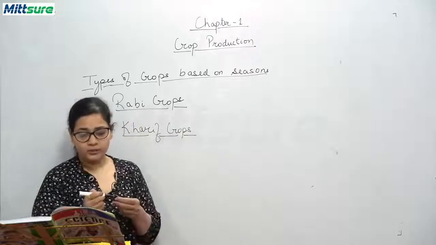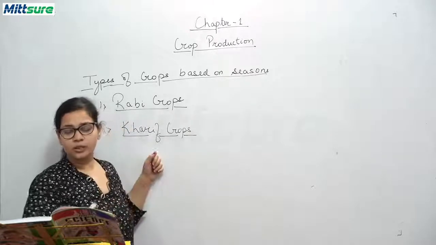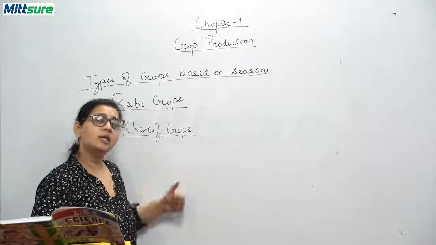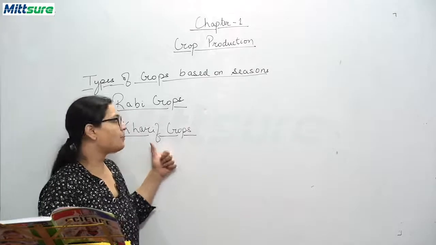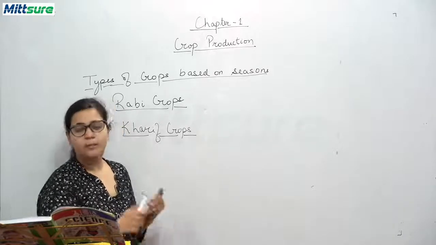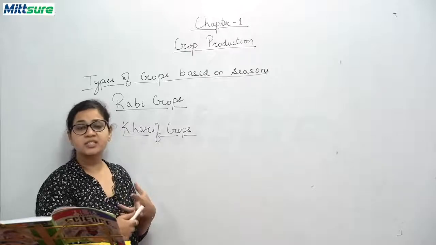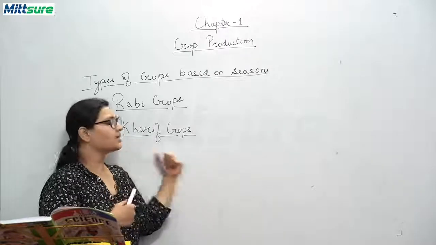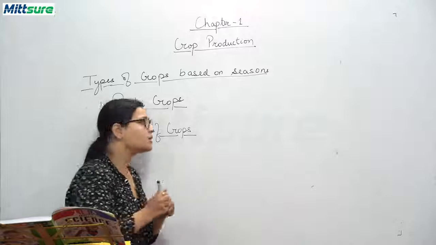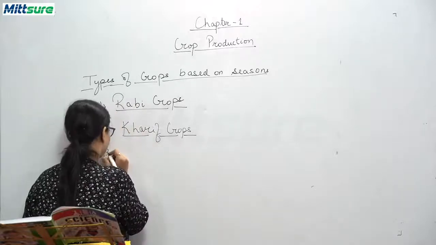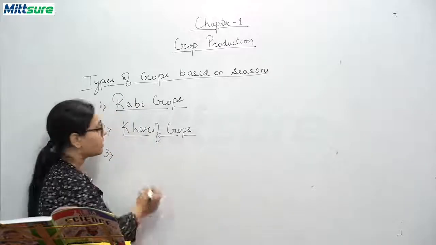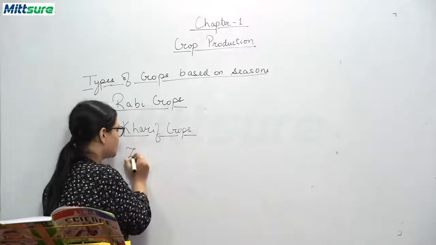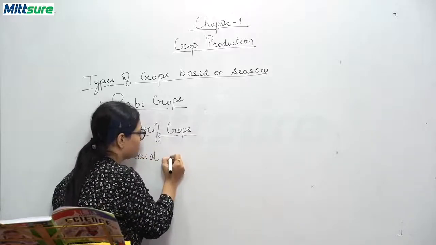What are Kharif crops? These are sown in June and harvested in October. The examples of Kharif crops are bajra, cotton, maize, groundnuts. Now, third, there is a third season also, and the name of the season is Zaid crops.